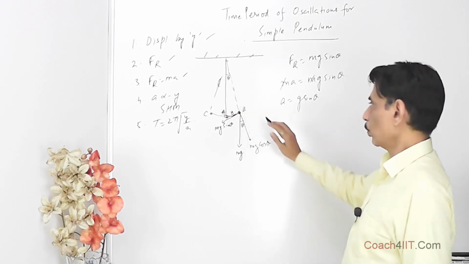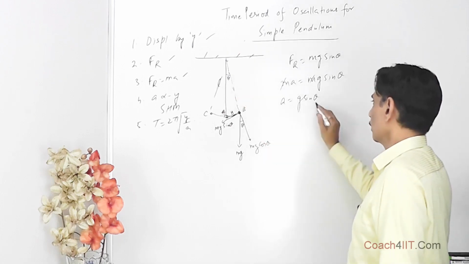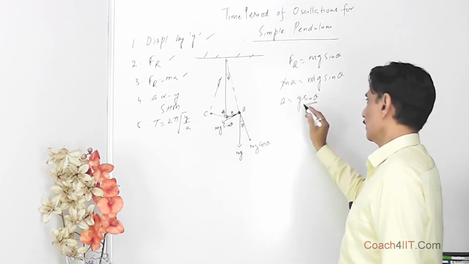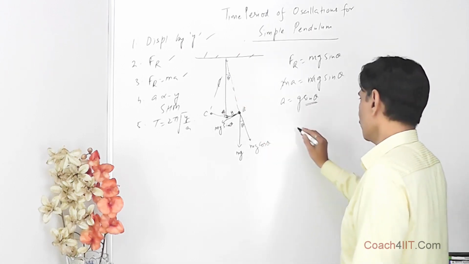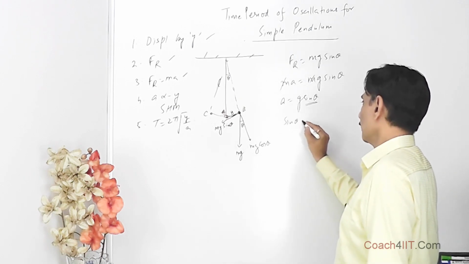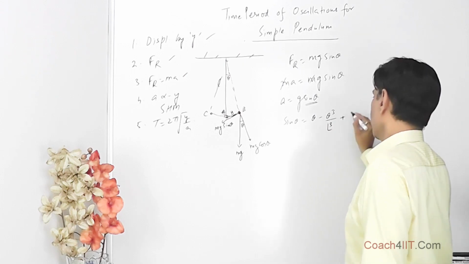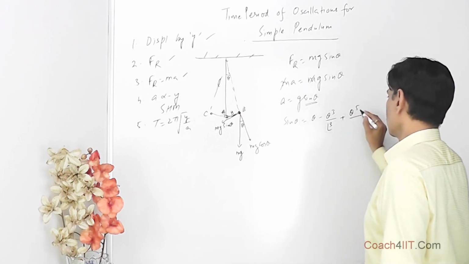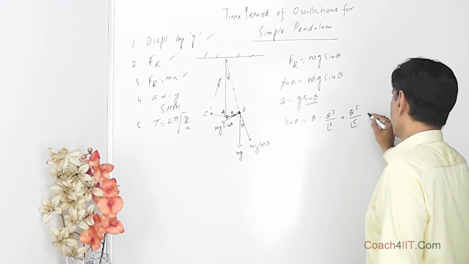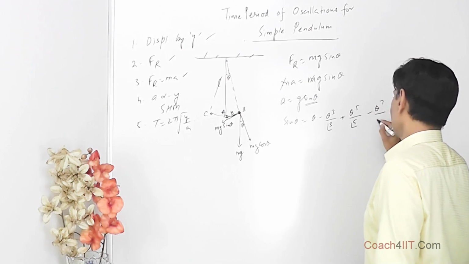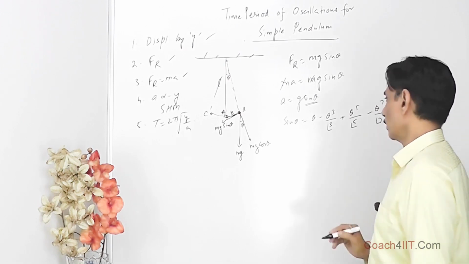As a result, once theta is very small, we can use the expansion of sin theta by Maclaurin series: sin theta is equal to theta minus theta cubed by 3 factorial plus theta raised to 5 by 5 factorial minus theta raised to 7 by 7 factorial and so on.